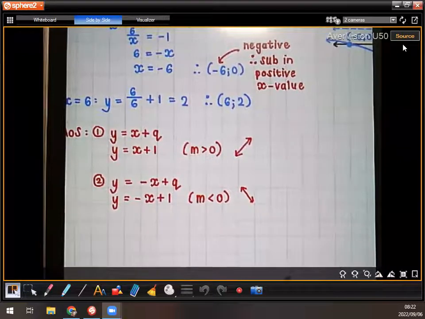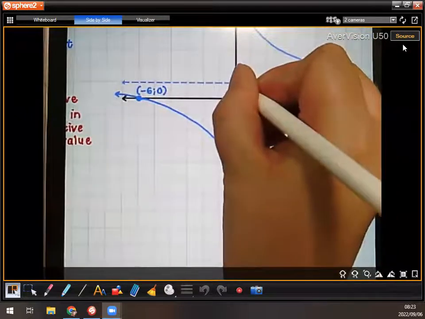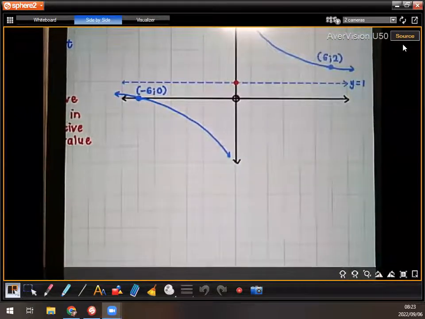No, the gradient. What's the standard form of a straight line graph? It would be y equals 5x plus whatever.